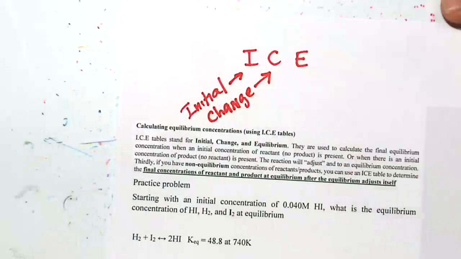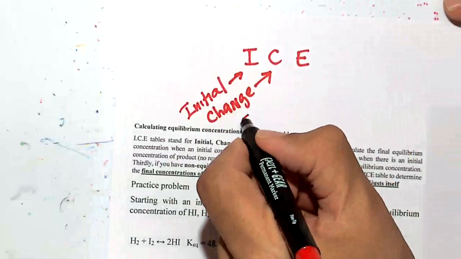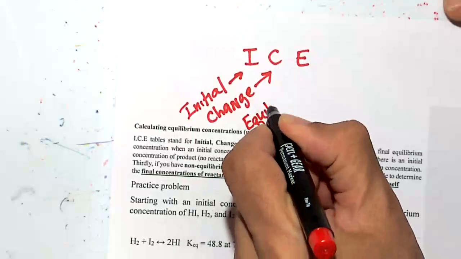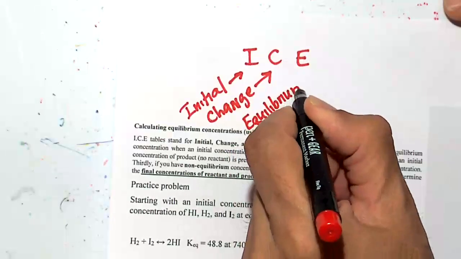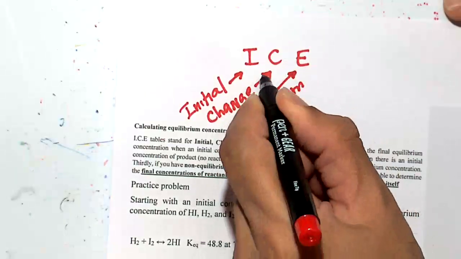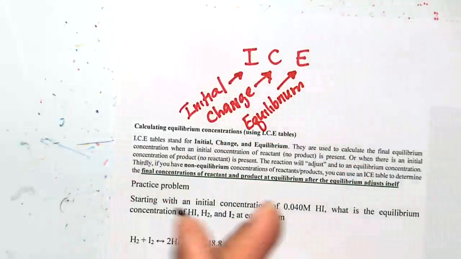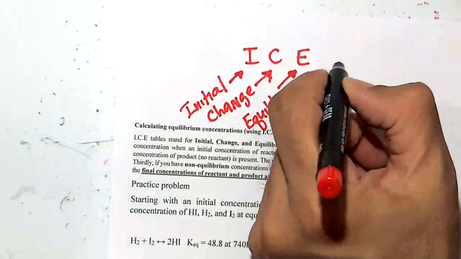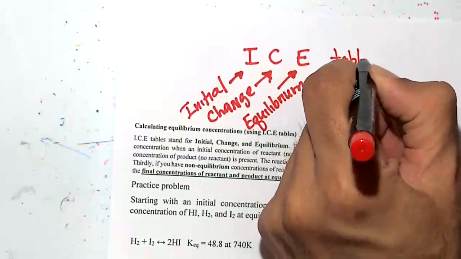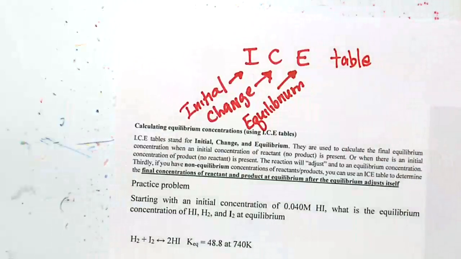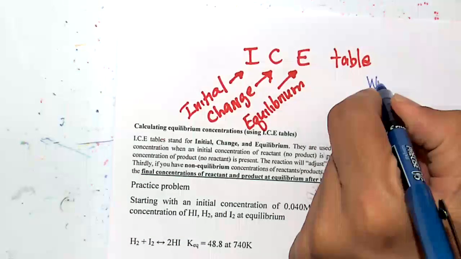And then the E in ICE table stands for the final equilibrium. Okay, so this is what we're going to call an ICE table. Okay, when do we use an ICE table? Okay, we use an ICE table when we want to determine the final equilibrium concentrations.